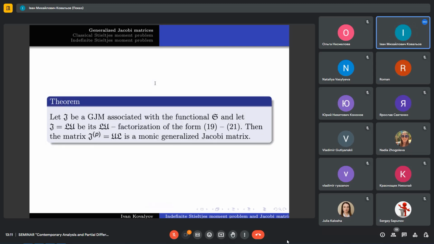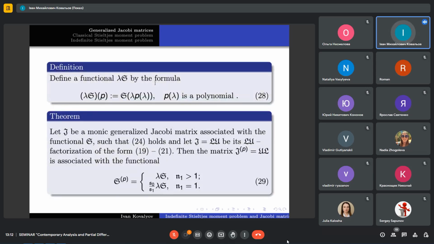And the next theorem: let J be a monic generalized Jacobi matrix associated with a functional S, and let J admit LU factorization, then the new matrix JP is a monic generalized Jacobi matrix. So we find the Darboux transformation of matrix J. And the next, we consider some properties of this transformation.